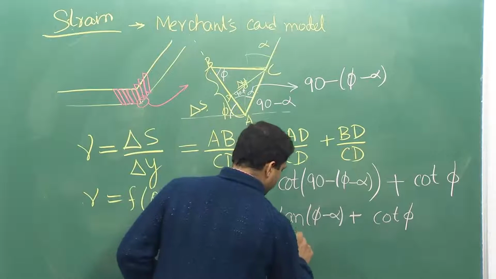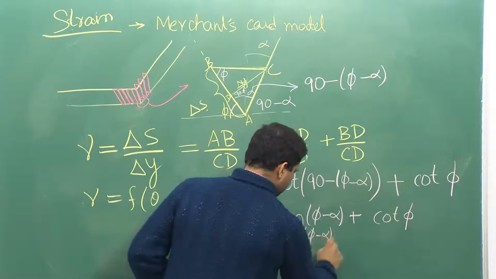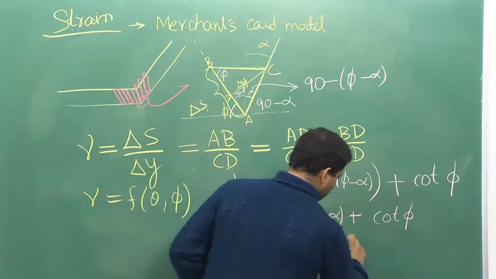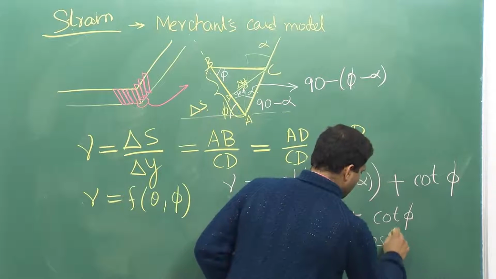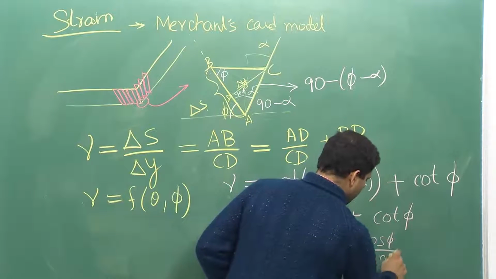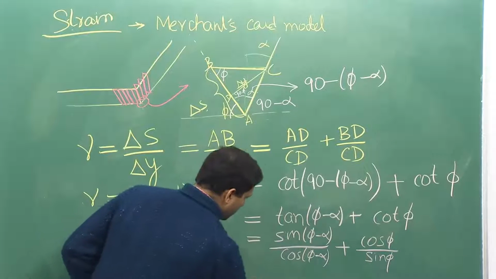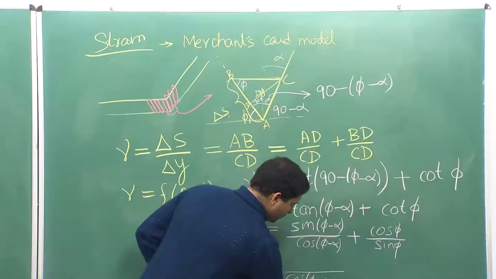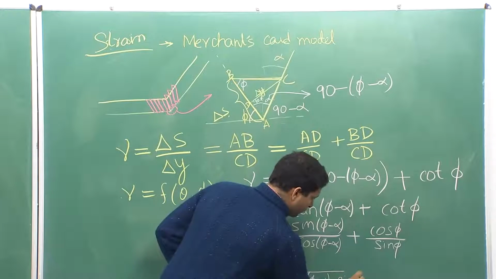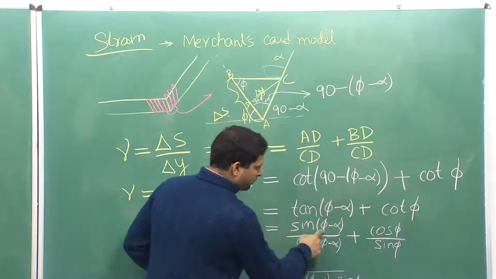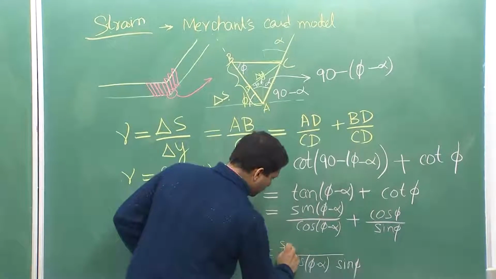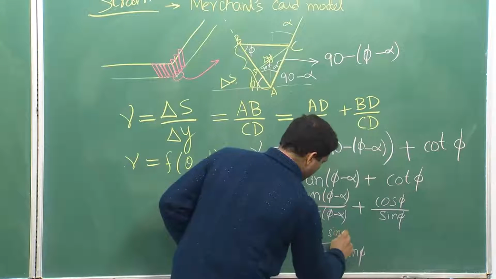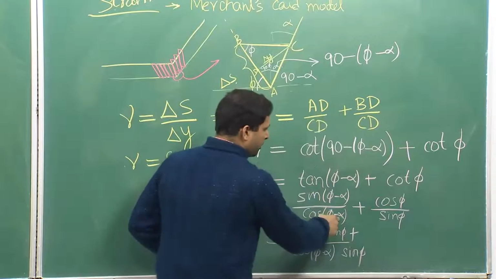So, tan becomes... so this becomes cos phi by sin phi, and if we add it, this becomes... and this becomes sin phi minus alpha sin phi plus cos phi minus alpha cos phi.